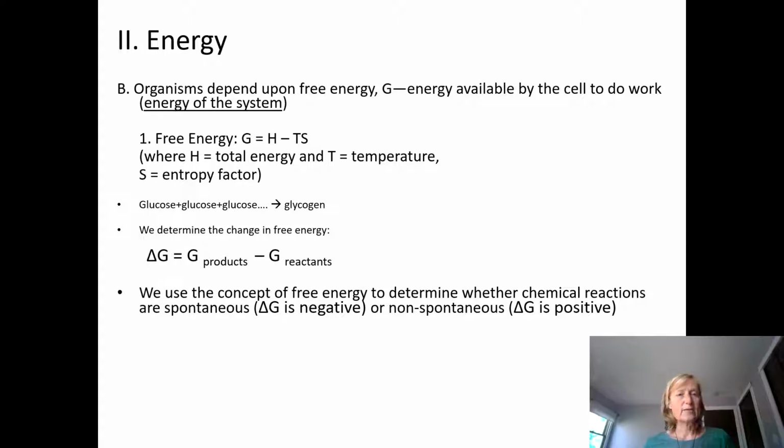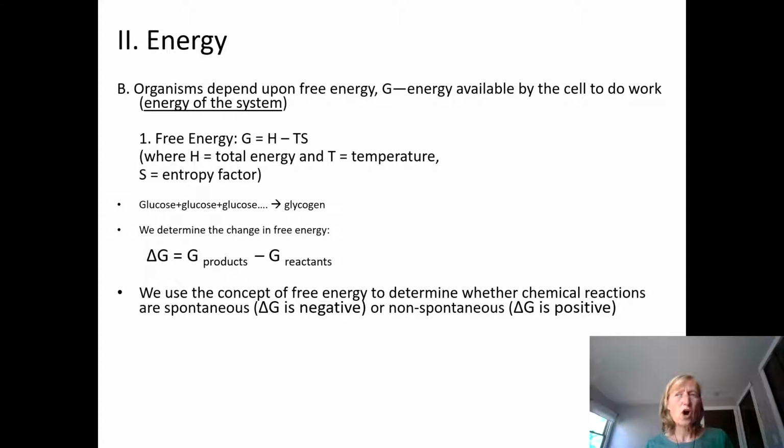To do that, we have to start by thinking about energy. You've learned about what energy is and different forms of it. When we talk about reactions, we're interested in knowing if a reaction is going to be energetically favorable, if it's going to run on its own, or if it's going to require an energy input.